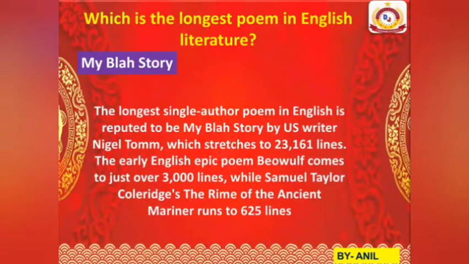The early English epic poem Beowulf comes to just over 3,000 lines, while Samuel Taylor Coleridge's The Rime of the Ancient Mariner runs to 625 lines. That's why My Blaha Story is the longest poem, with 23,161 lines.